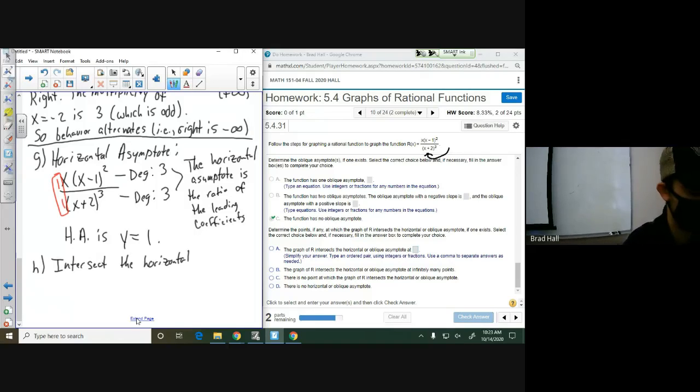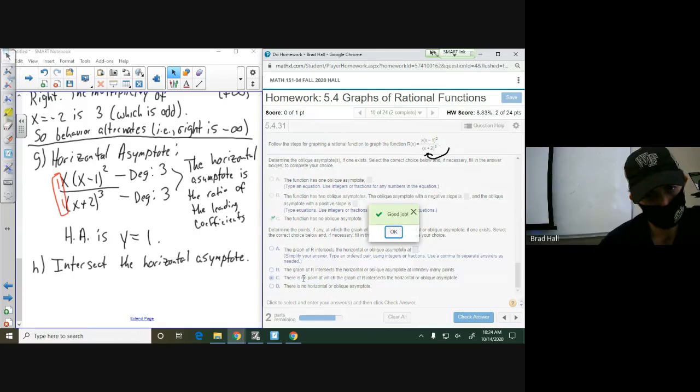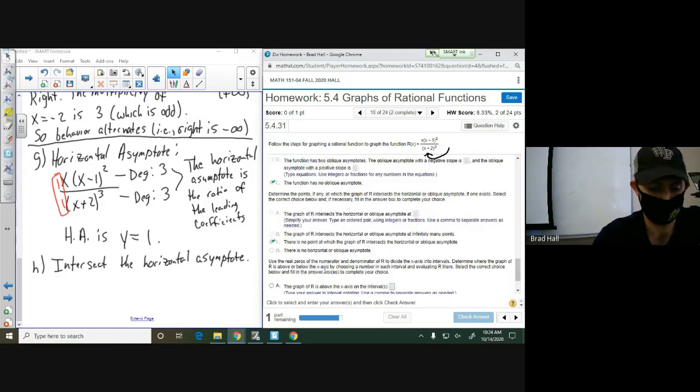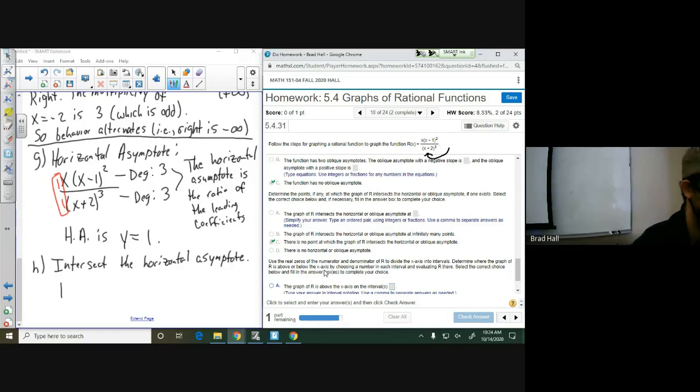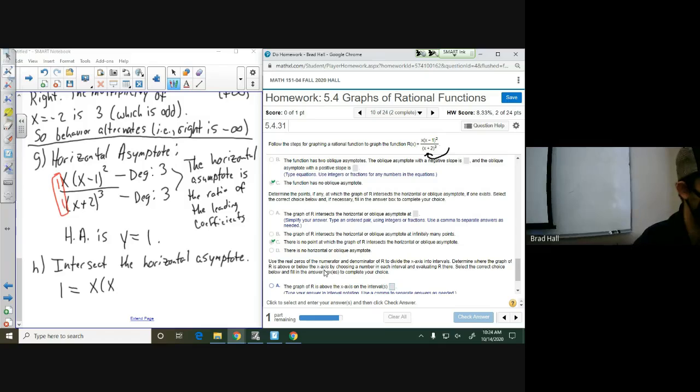Now we're going to see where the graph may potentially intersect the horizontal asymptote. Most of the time it doesn't, but sometimes it does. In this situation, it does not, and let's see why. We set the equation equal to the horizontal asymptote, which we found was 1.